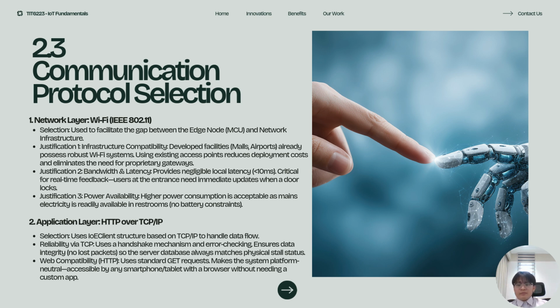TCP provides a handshake mechanism and error checking to ensure that the server database always matches the physical status of the stall. We also use HTTP as the native language. This ensures that the system is platform neutral, meaning facility managers can use standard GET requests on any device with a web browser to view the dashboard without needing to install a specific mobile application.